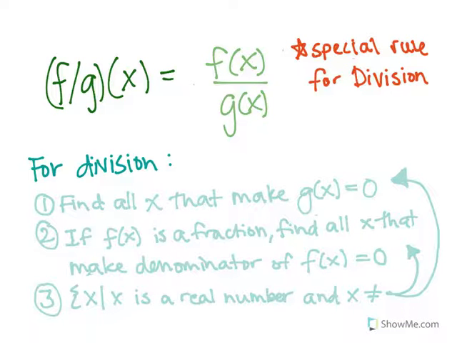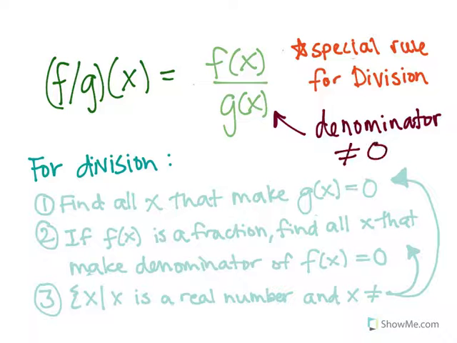For fractions and for division, we have to follow some extra steps. This is because in a fraction, or when dividing, a denominator can never equal 0. If it equals 0, we have an undefined value, and so it doesn't exist.